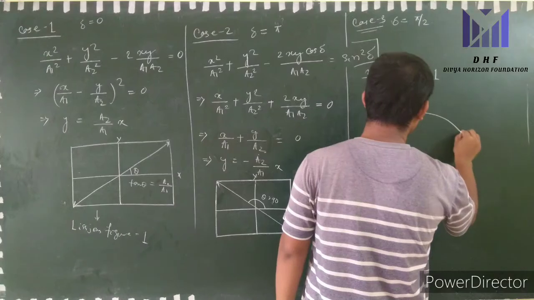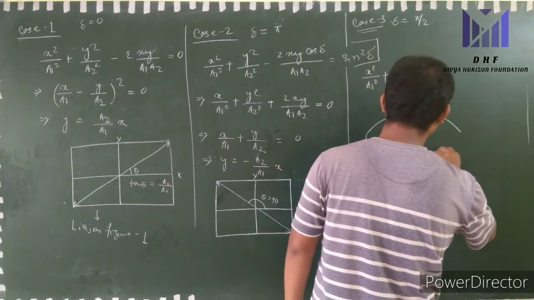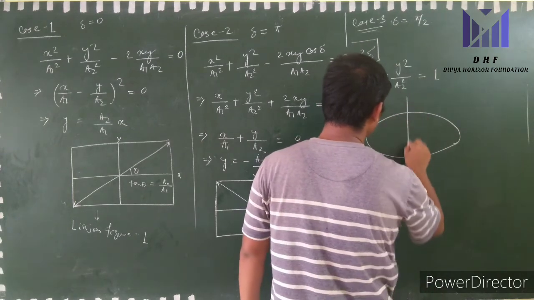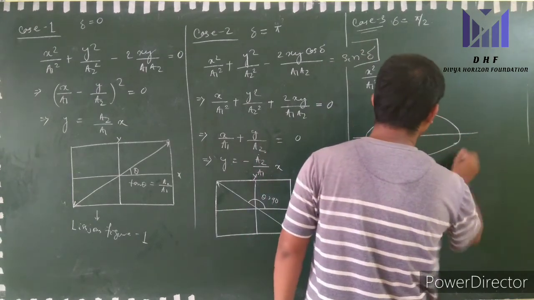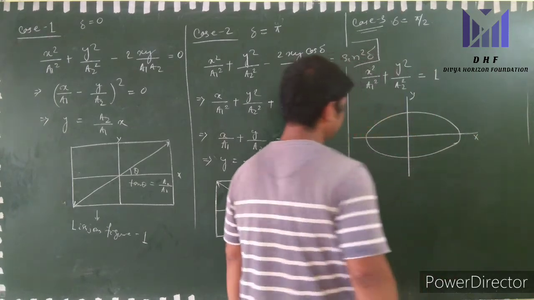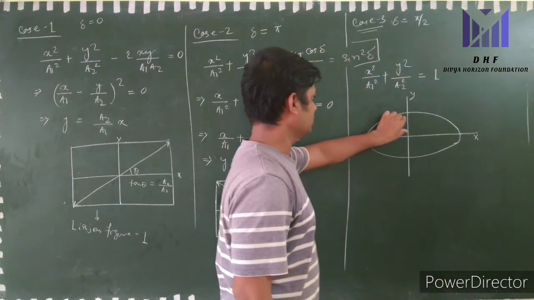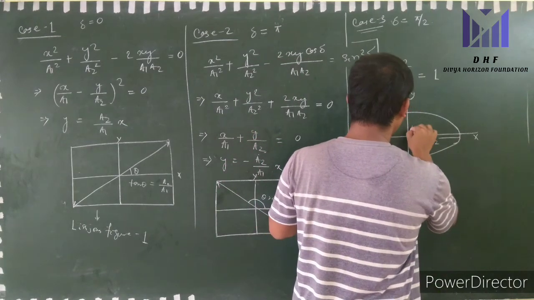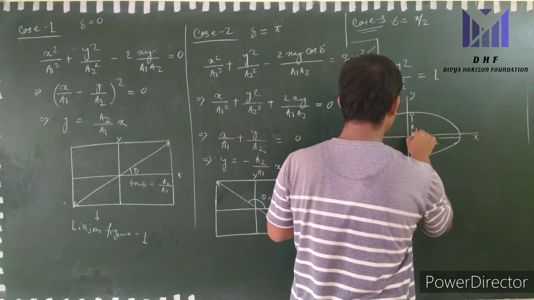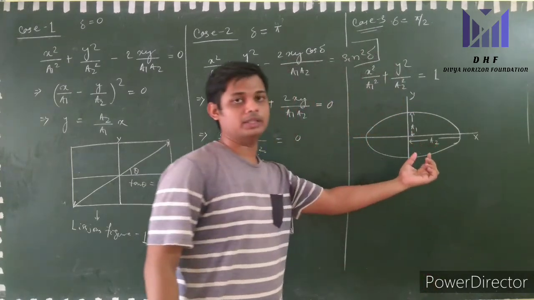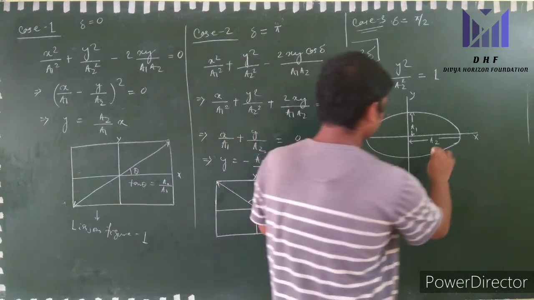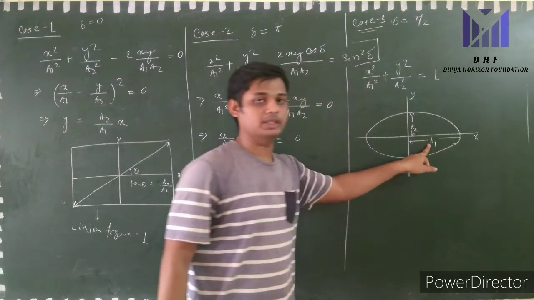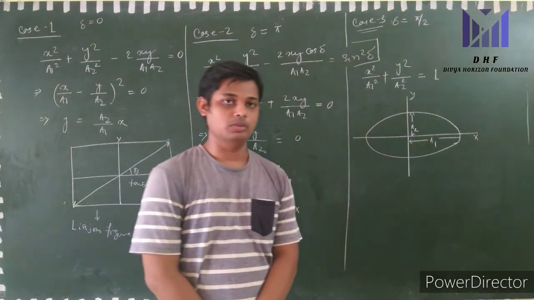Suppose this is the ellipse, this is x, this is y, this is the semi-major axis and this is the semi-minor axis, A2 and A1. A1 is the maximum value of x and A2 is the maximum value of y.